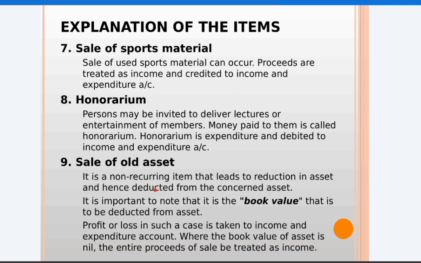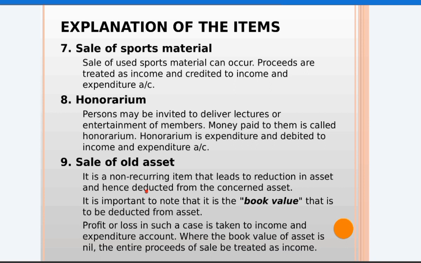If it is a profit on sale of the old asset, then the profit should be treated as an income item in the income and expenditure account. And if it's a loss, then the loss should be treated as an expenditure in the income and expenditure account. So, how do you determine that you made income or you made a loss?